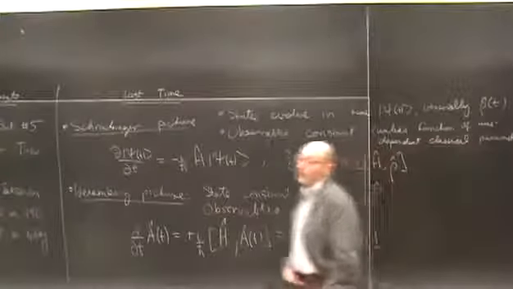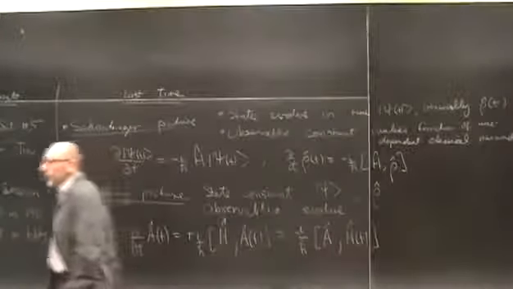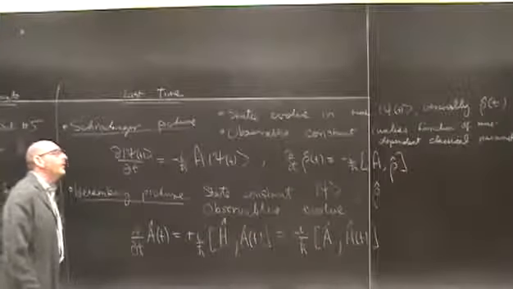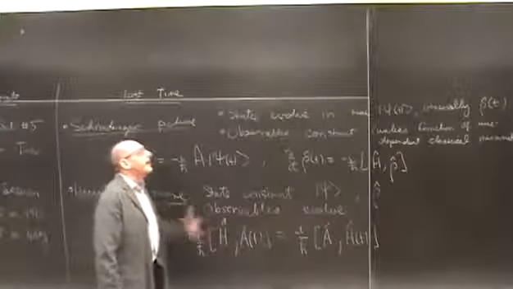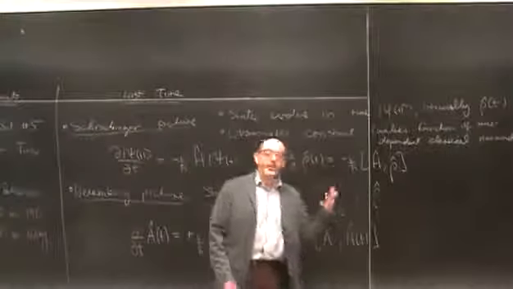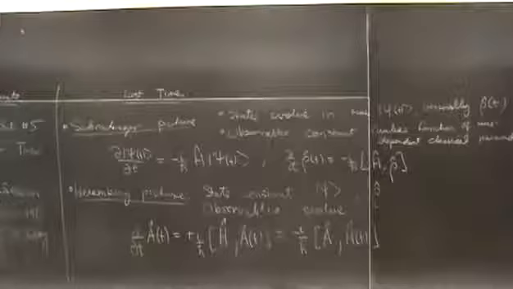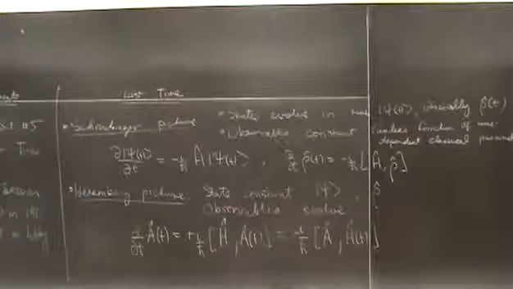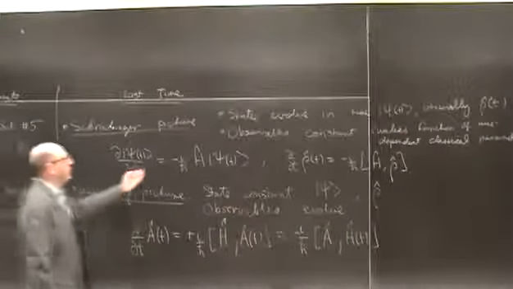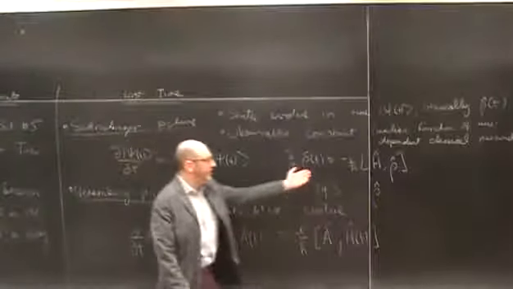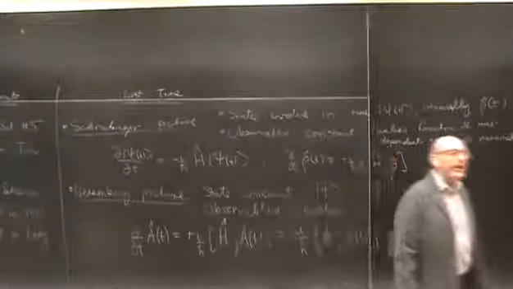One is the Schrödinger picture, and in the Schrödinger picture, what we do is we dynamically evolve the state. So the state of the system evolves as a function of time according to the Schrödinger equation, which for a pure state is written like this, or more generally can be written like that.